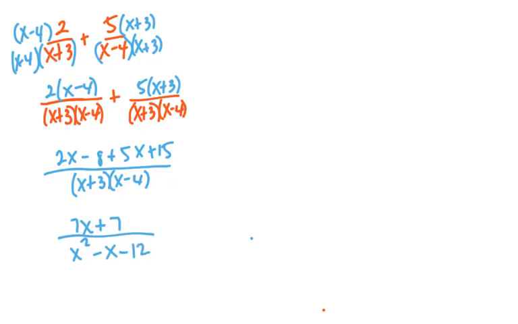So our problem would say integrate 7x plus 7 over x squared minus x minus 12 with respect to x, dx. Now u-substitution doesn't work here. Triangles don't work because there's no square root. So we move into this fraction decomposition.